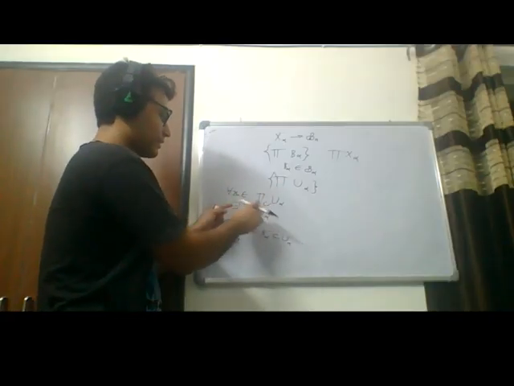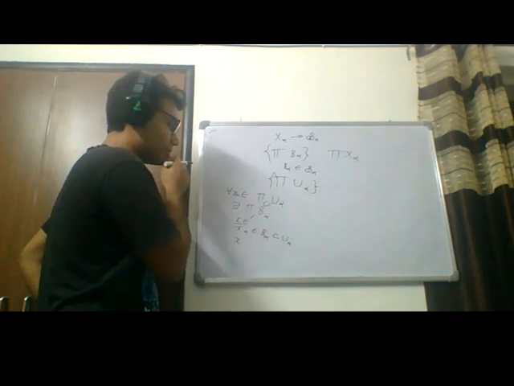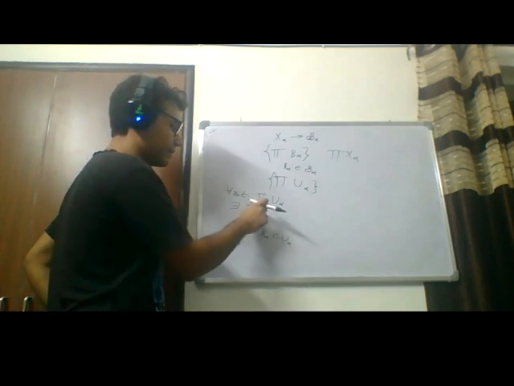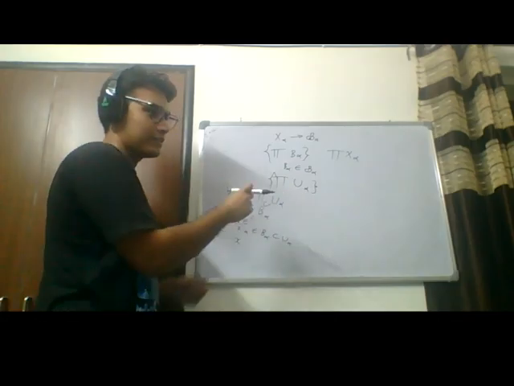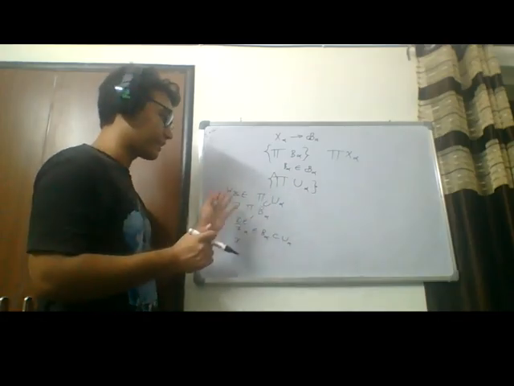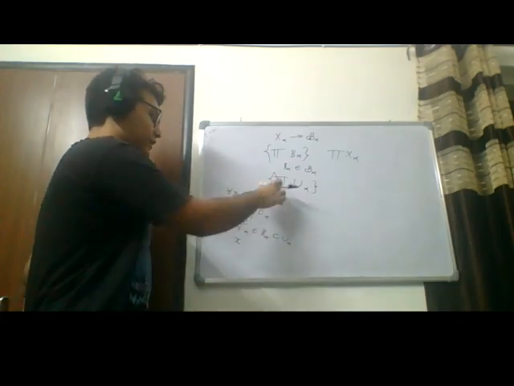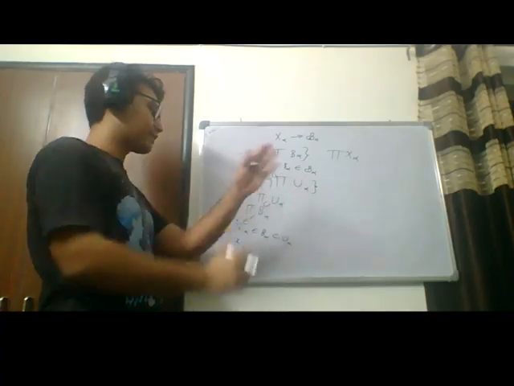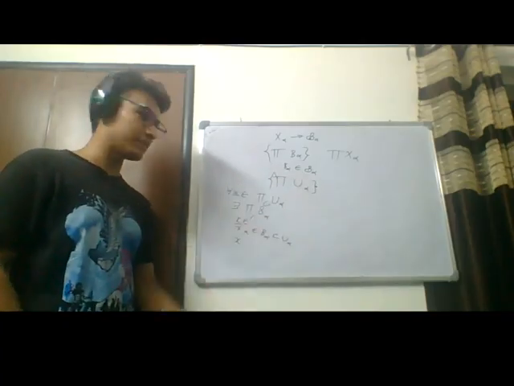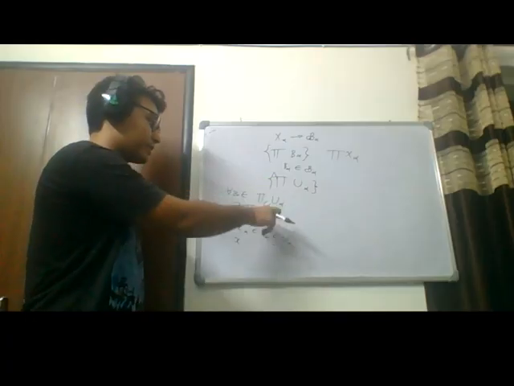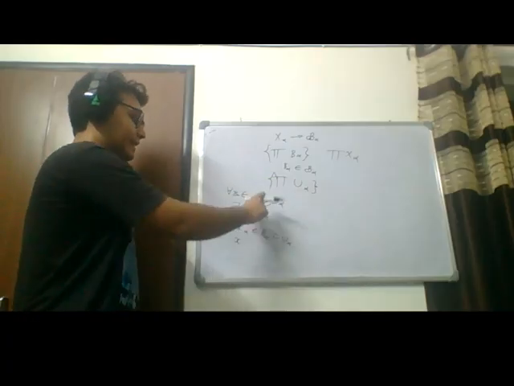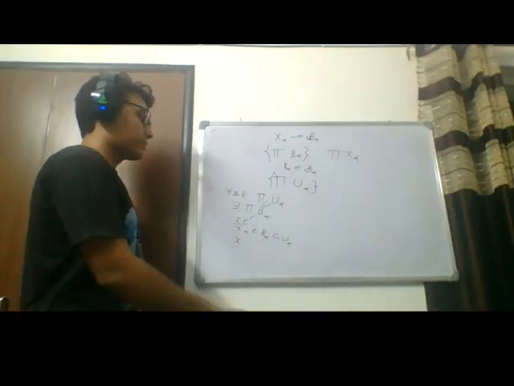So any function that lies in the product of B alpha, and B alpha is contained in U alpha, that function's coordinate will be there. And it's going to be true for every coordinate. So you just apply the definition of the Cartesian product, and then you'll get that the containments transfer over.